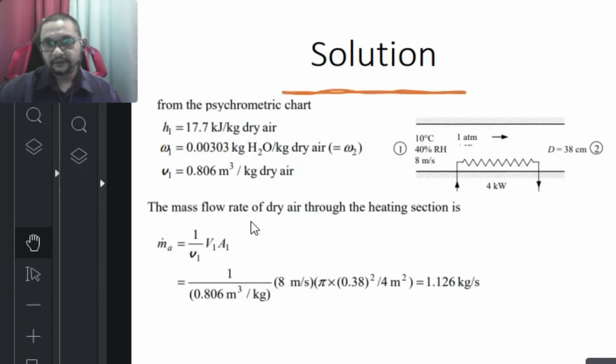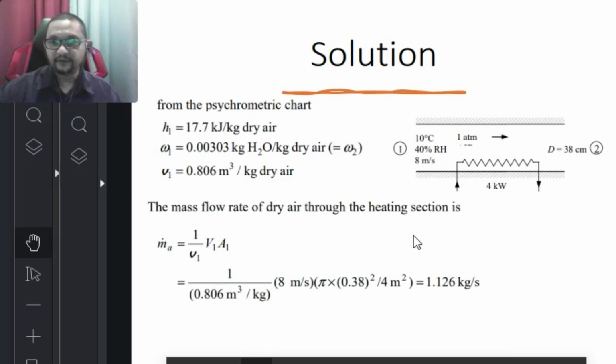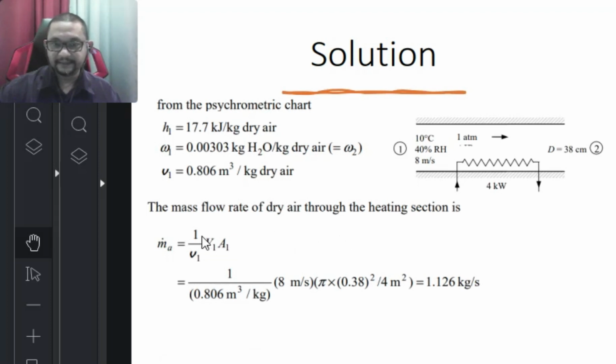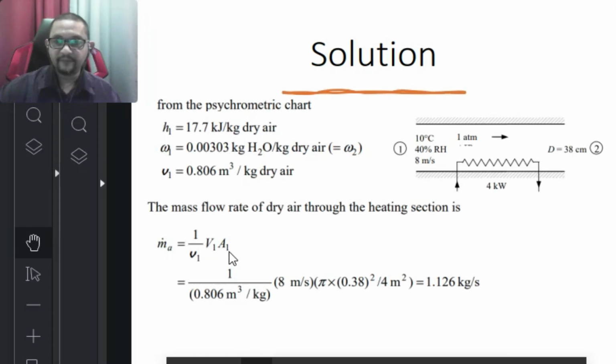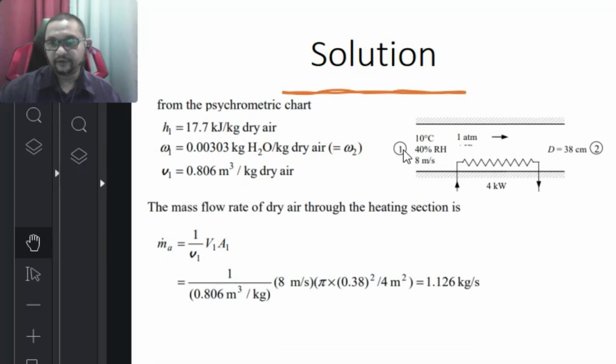Based on the mass flow rate of dry air through the heating section, we know that the formula for m dot a is rho times A times V. Rho is density, and density is 1 over v1, the small v1 specific volume, times velocity 1 times area 1, for point number 1. We have found the specific volume 0.8.